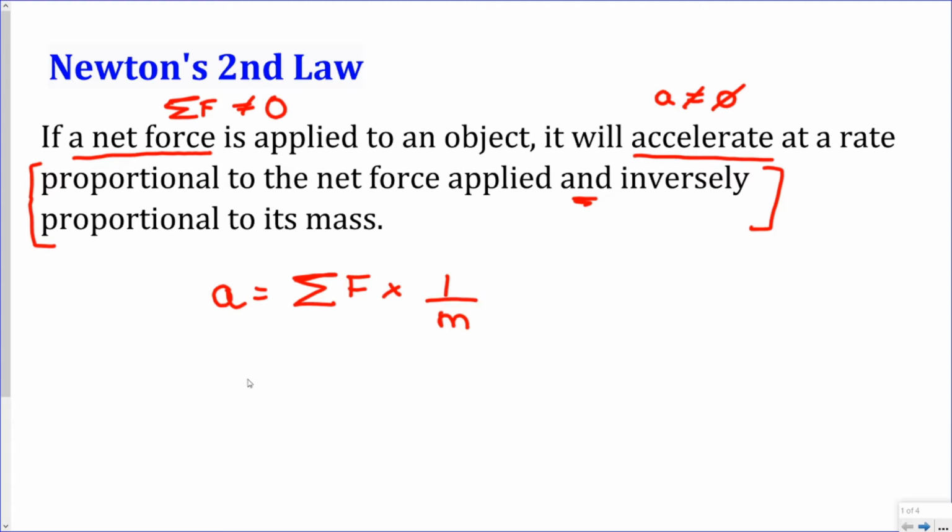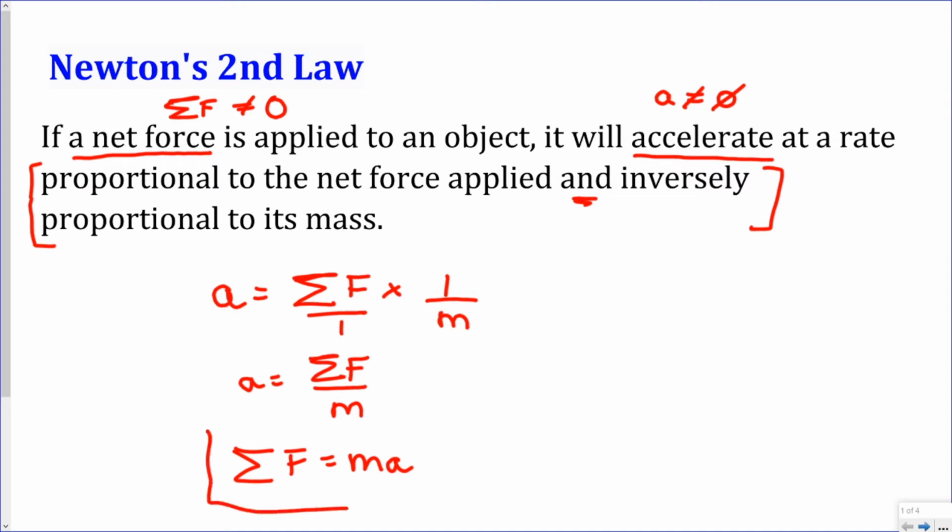If we combine these together, we get A equals the sum of the forces over 1, so you multiply the tops and you multiply the bottoms, divided by m. You guys don't like fractions, so we're going to rearrange this to say the net force equals m times a. And this is our formulation of Newton's second law.